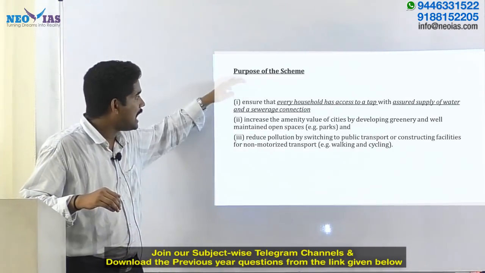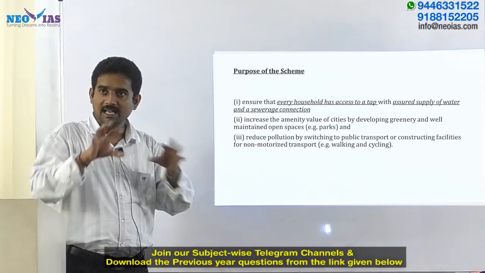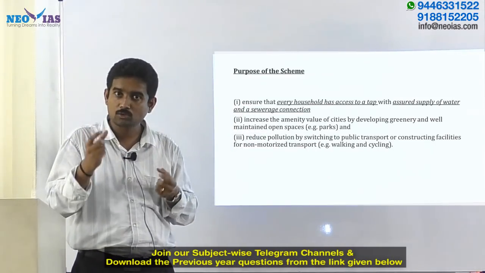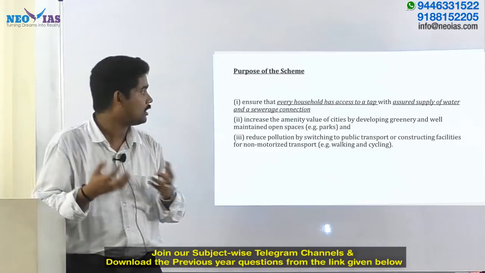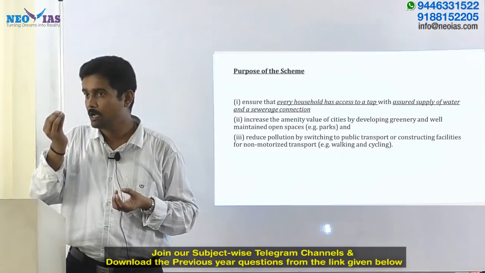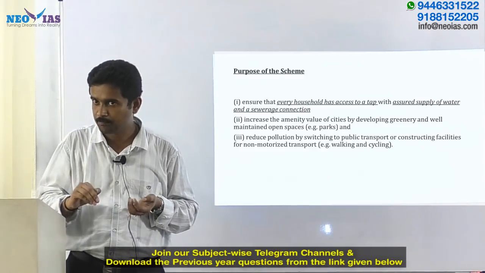So under the Amrut scheme, developing greenery as well as public spaces, and maintaining open spaces in a city region, is one of the objectives.